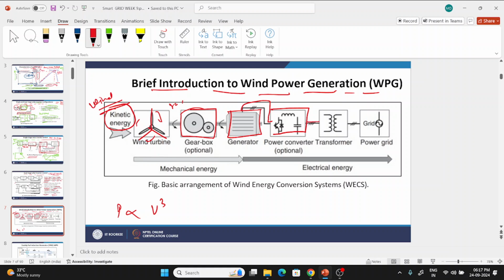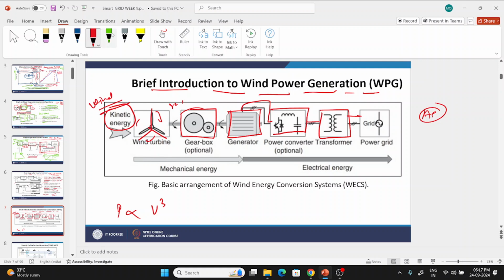And then it is connected to a transformer because the wind power always gives the power in the form of AC. After the conversion of power into AC, it is fed to the transformer for the voltage up or down based upon the requirement, and then it is fed to the power grid.